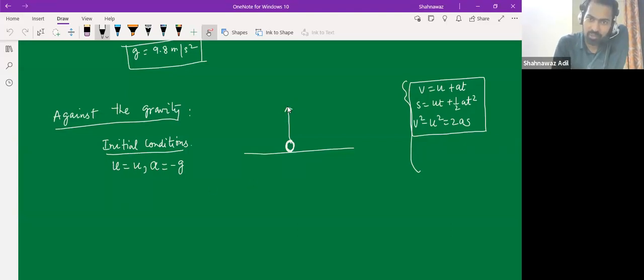Whenever it reaches this point, it is working against the gravity. So it is facing some retardation, which means that it will stop at some point and then fall again, right? You throw some object upward and at some point it will fall back. Why does it fall back?